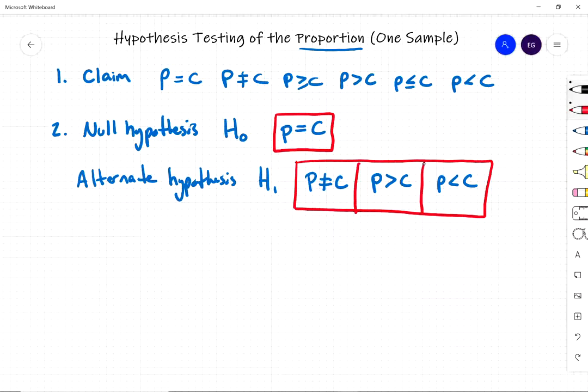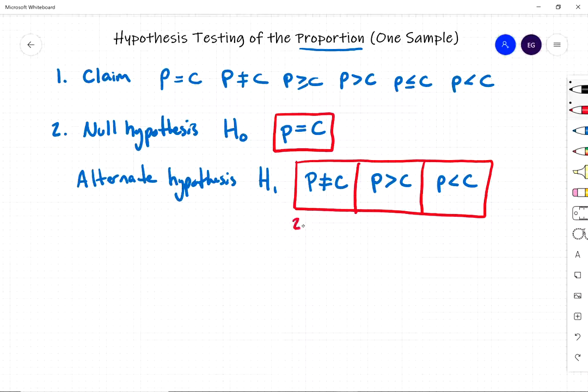And the alternate hypothesis is important for setting up the test, because this is telling you what type of test it is. So if your alternate hypothesis is not equal to, or basically if the problem doesn't include any wording that tells you more than or less than, if the problem is missing the more than or the less than language, it's going to be not equal to.